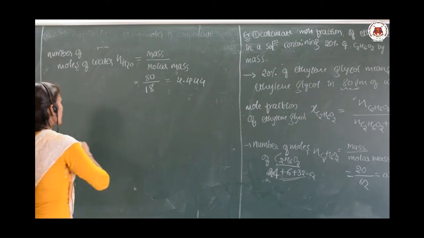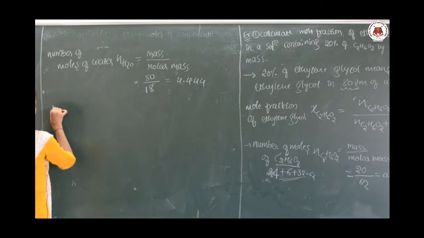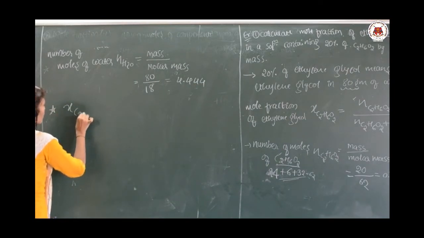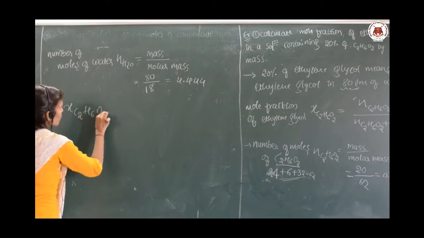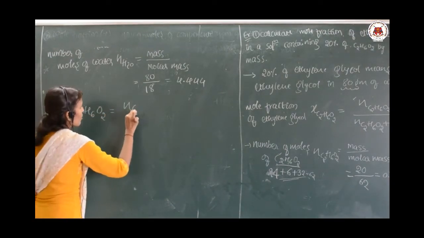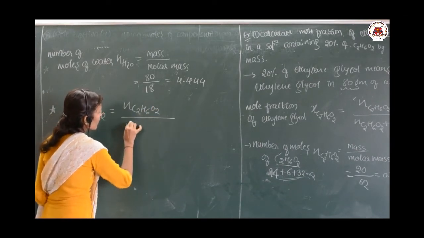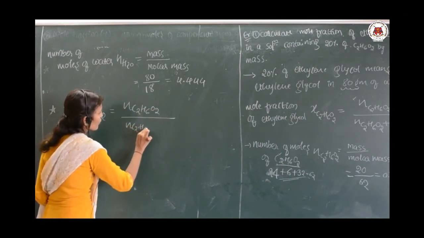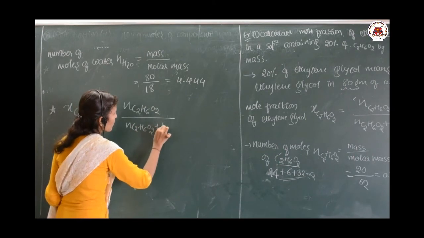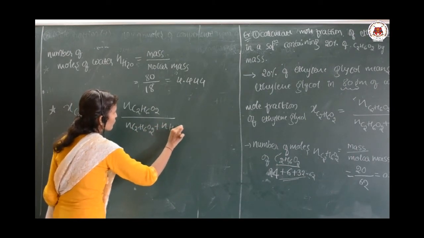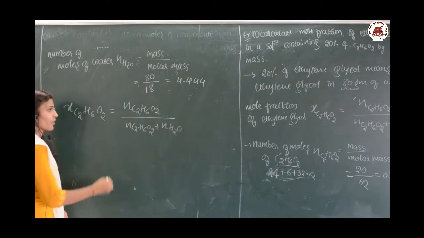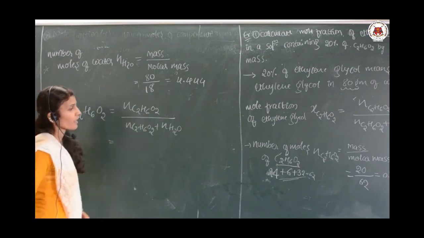Now we will go for the mole fraction. Mole fraction of C2H6O2 is equal to the number of moles of ethylene glycol divided by the number of moles of ethylene glycol plus the number of moles of H2O. Okay, the number of moles of ethylene glycol you calculated.